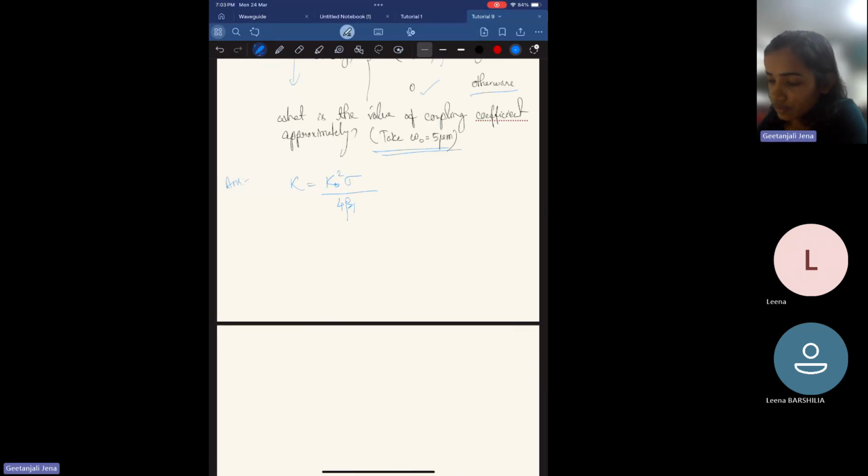You can also write this as K0 squared delta n squared xy by 4 beta 1.